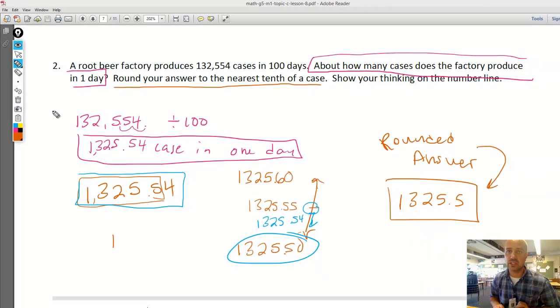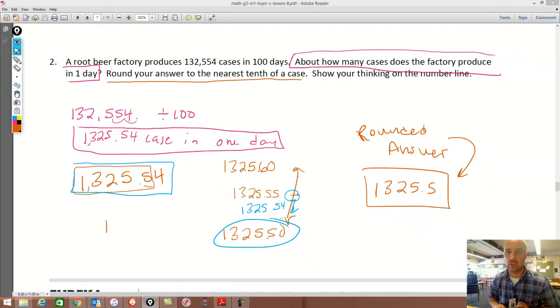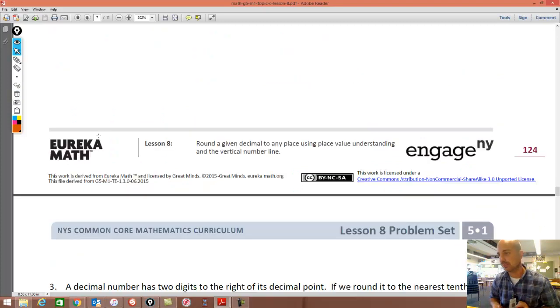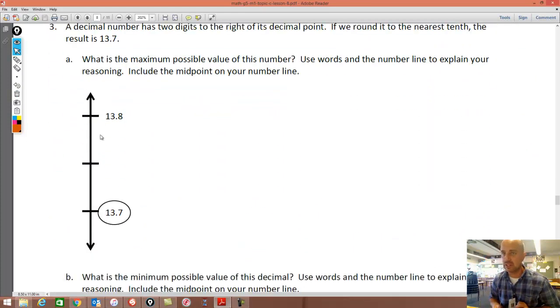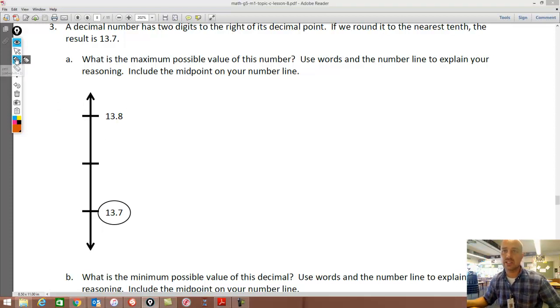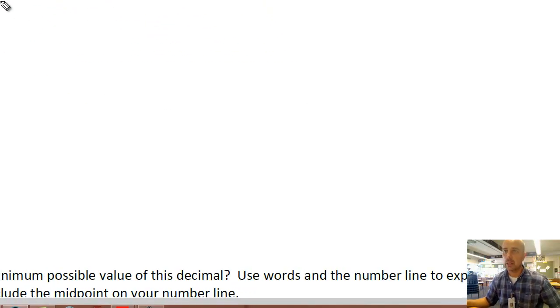So ultimately, I'm just doing the same thing over and over again. You're finding out where you're supposed to round it to, decomposing that number, and then putting it in and seeing where it falls on the number line.